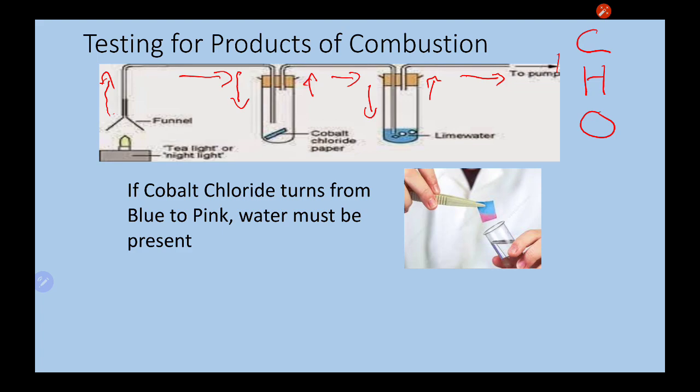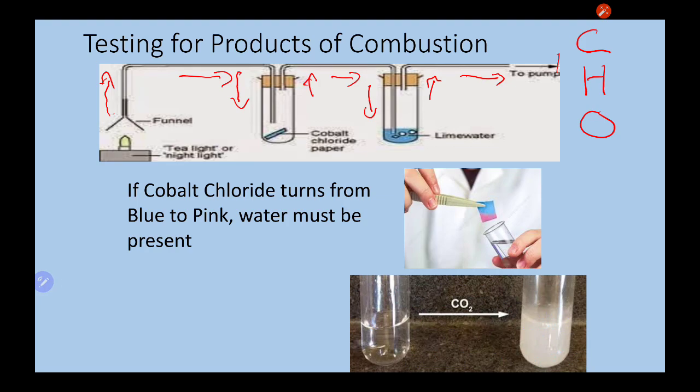Now, in the first test tube, you've got cobalt chloride paper. Cobalt chloride paper is blue. However, when it becomes wet, when it's in the presence of moisture or water, it will turn pink. So if water is given off, you'll see that blue paper turning pink.